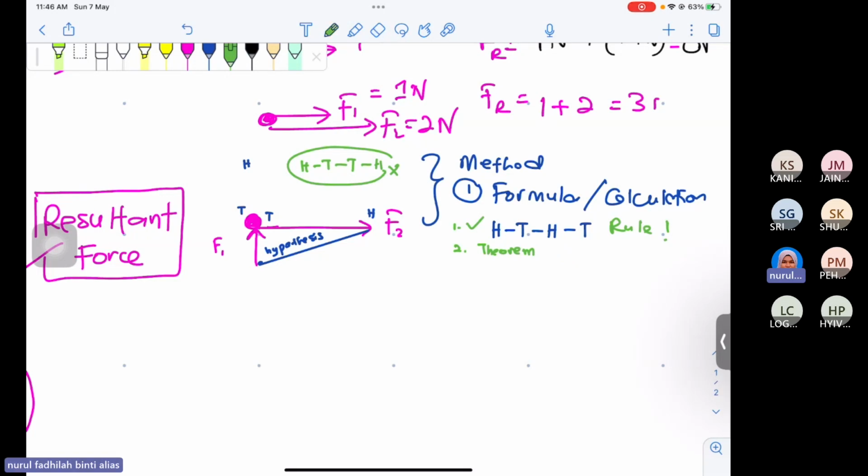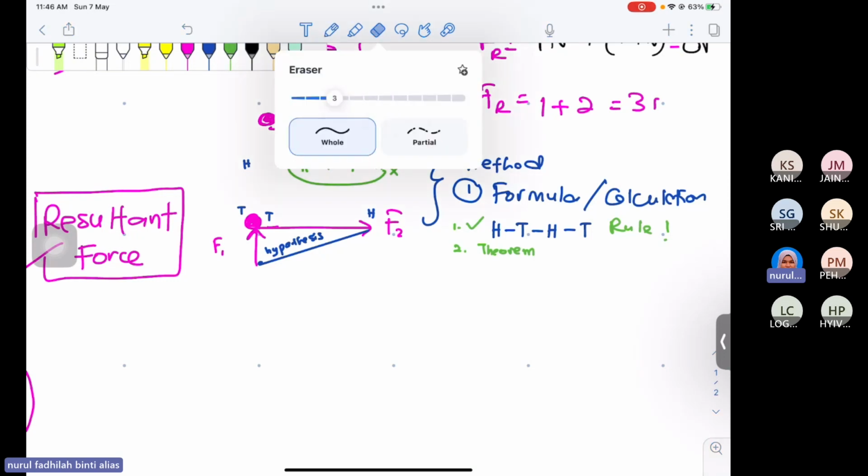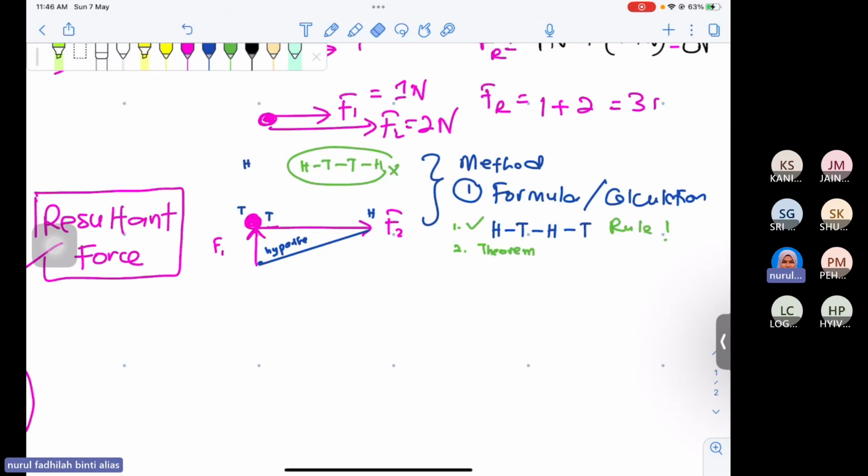So you want to know the hypotenuse. Here, the resultant force squared equals force 1 squared plus force 2 squared. Right? If you want to know the resultant force, you just take the square root.